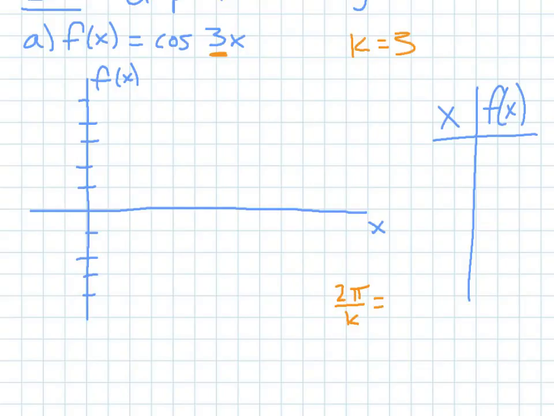I want to figure out what x values I get to plug in so I can get those normal ratios. I'm always trying to get those normal ones. So 2 pi divided by 3 gets me 2 pi over 3. So this would be the new period.